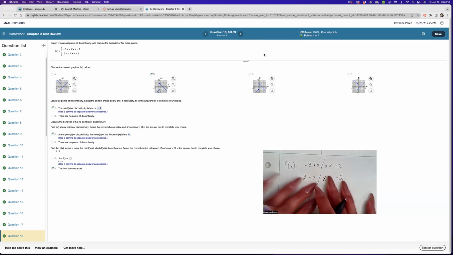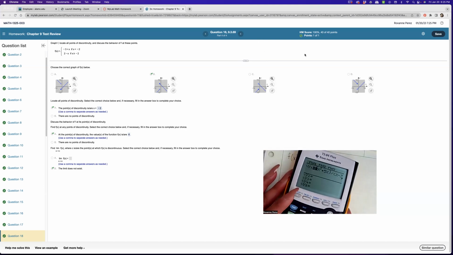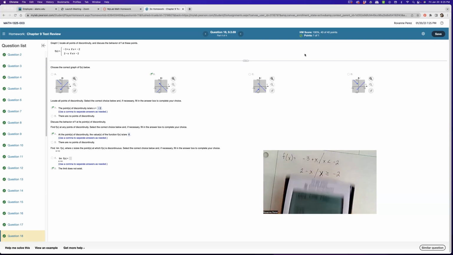Okay, so I'm going to put this in my calculator. I'm going to show you guys how to do that. We're also going to do the same thing as before, where we enter our constraint on the domain.